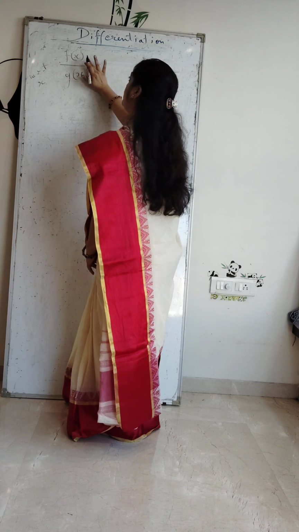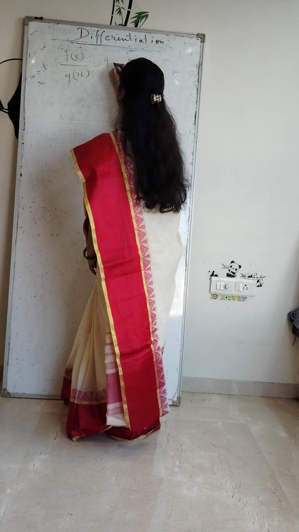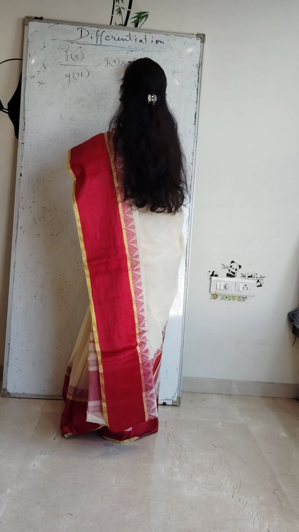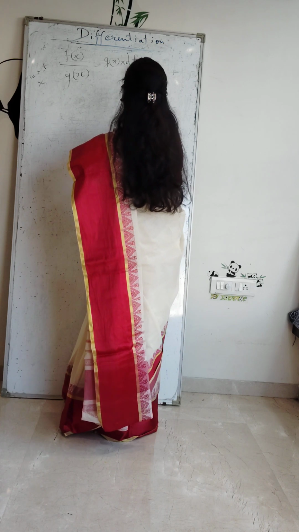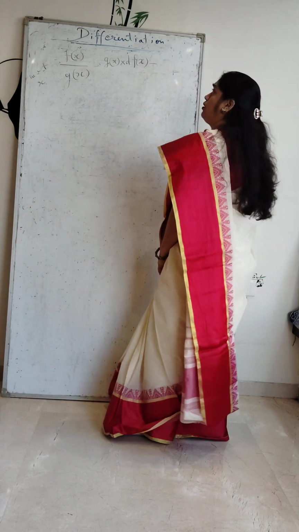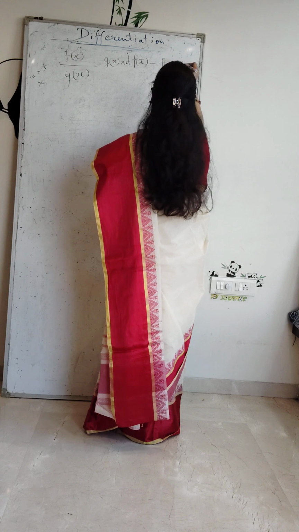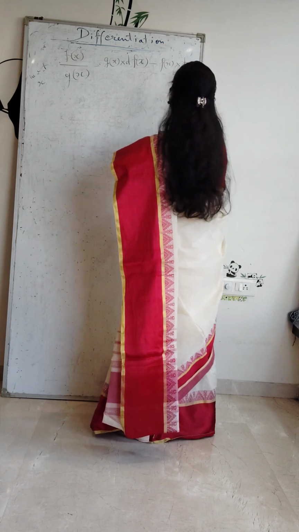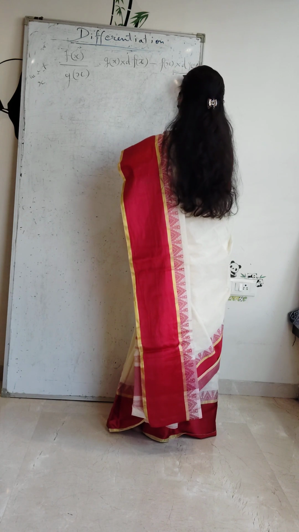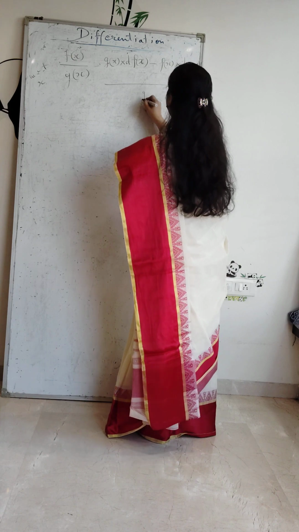We will give priority to the numerator. We will differentiate the numerator first. So second function, denominator as it is, into differentiation of numerator, minus, not plus, numerator as it is, into differentiation of the denominator, and denominator square.